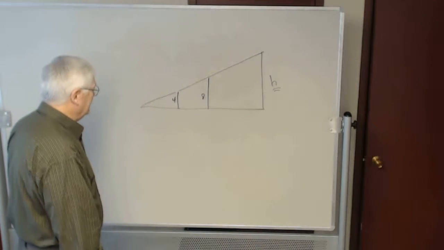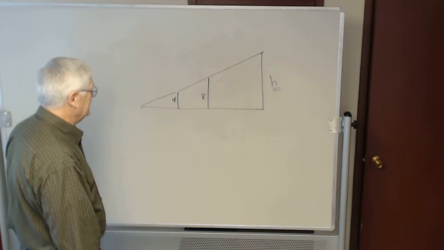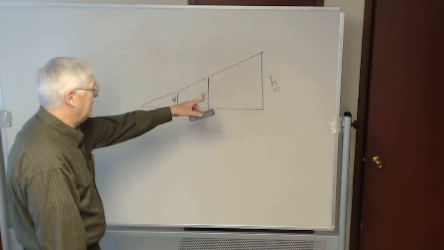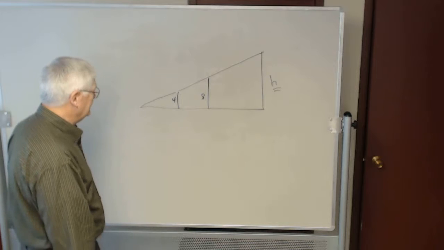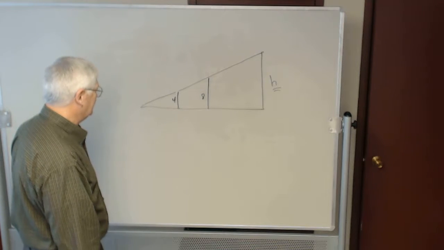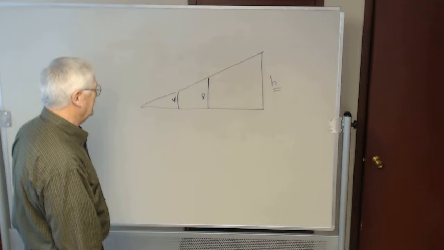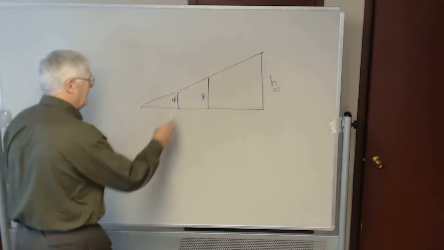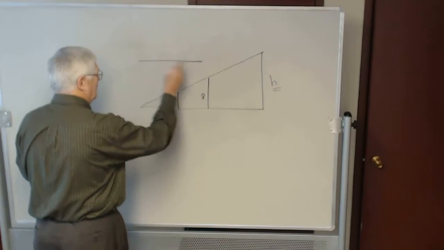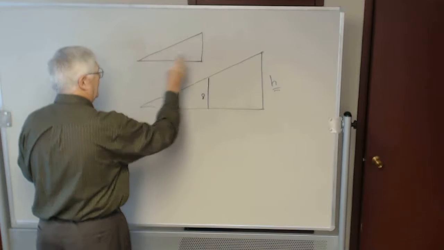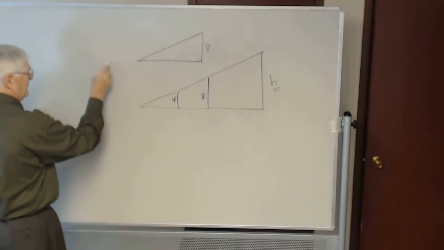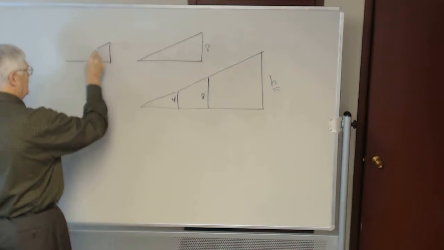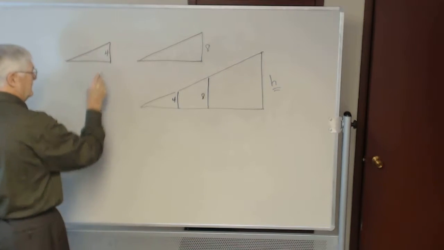So what do we have here? Now, can you see where this stuff is going to be proportional? So let's see. Here's a triangle. That's 8. And here's a little triangle. That's 4.